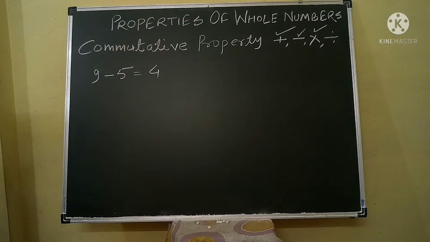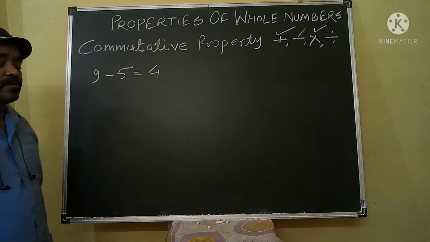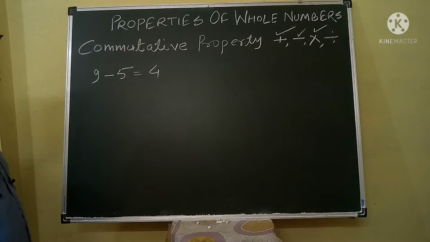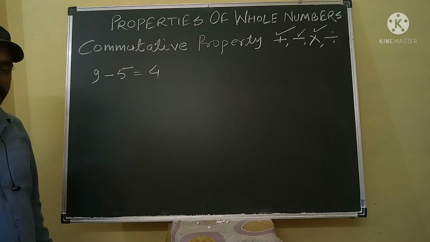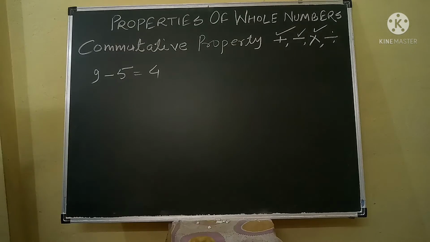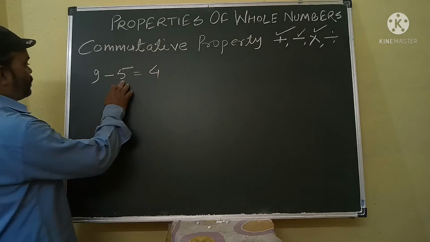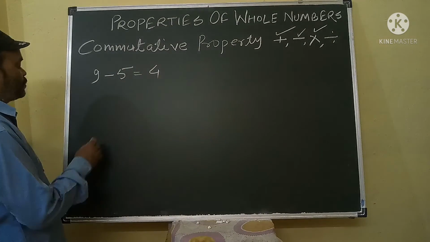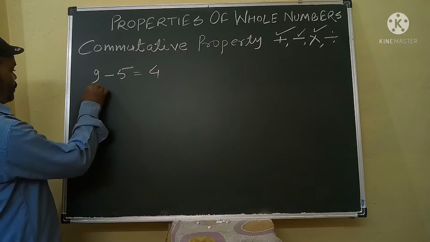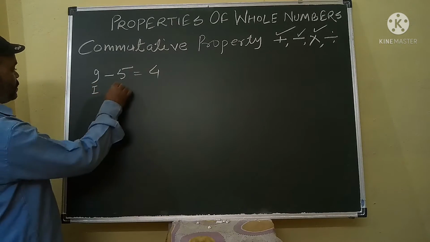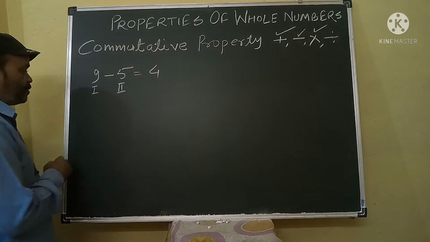Please keep in mind, every whole number is positive except 0. 9 minus 5 will give you 4. In the first example, 9 is in first place and 5 is in second place.